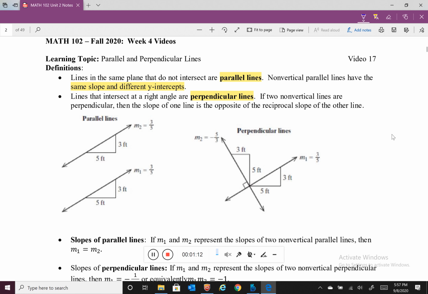So for example, we have a slope of -5/3 and then a slope of +3/5. And the negative of a negative is a positive, and the reciprocal of 5/3 is 3/5.